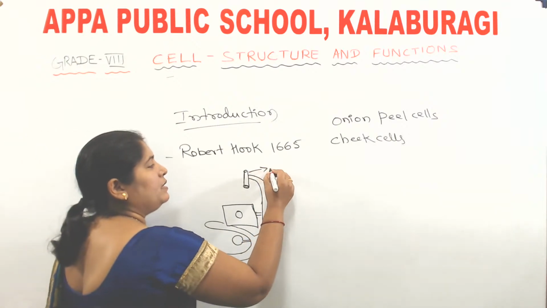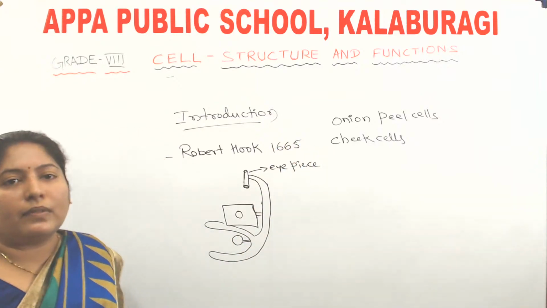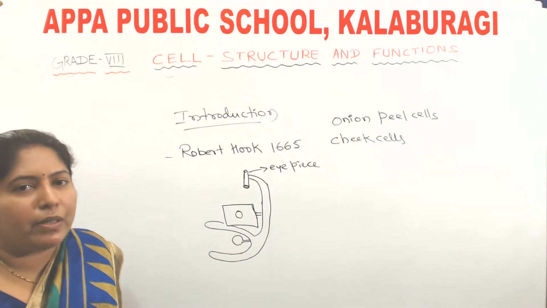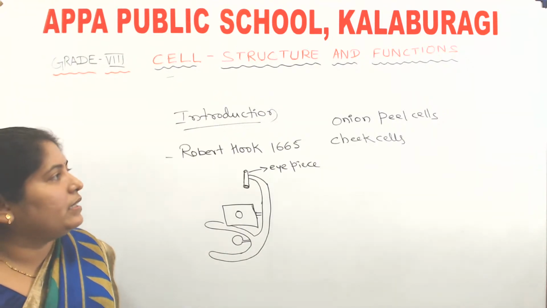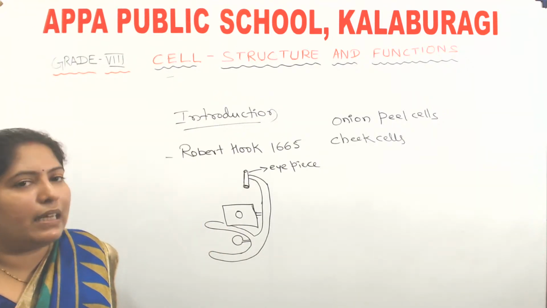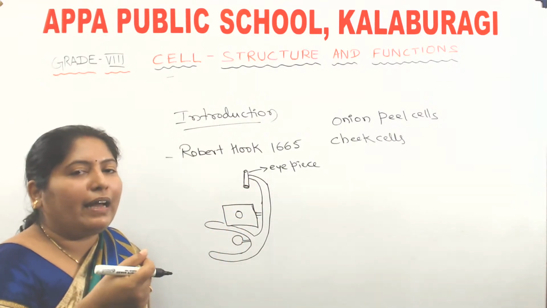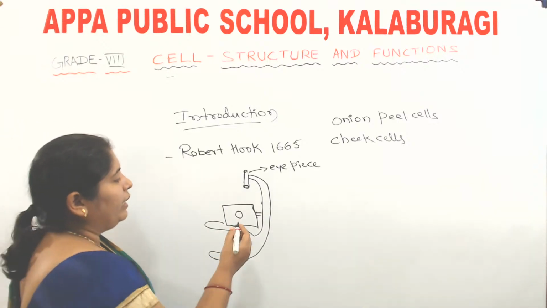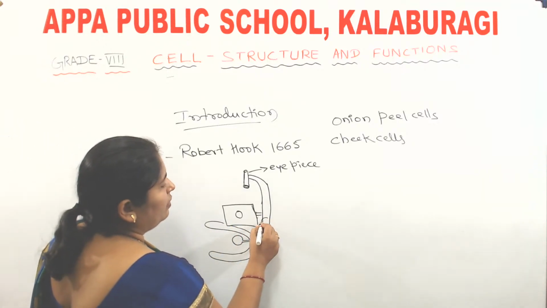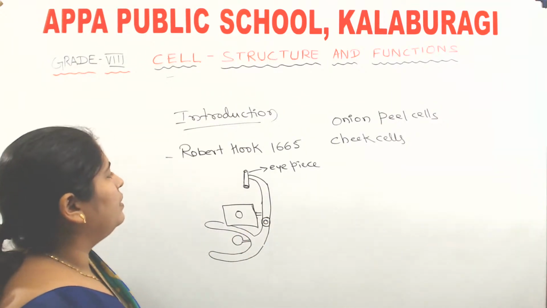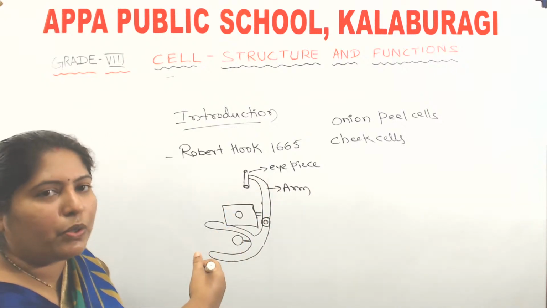This is just a rough diagram of a microscope. Observe the different parts. If in further classes I tell you to observe onion peel cells under the microscope, you should be able to handle and adjust it. Here you can even see the knobs. This is the arm through which we handle the microscope.